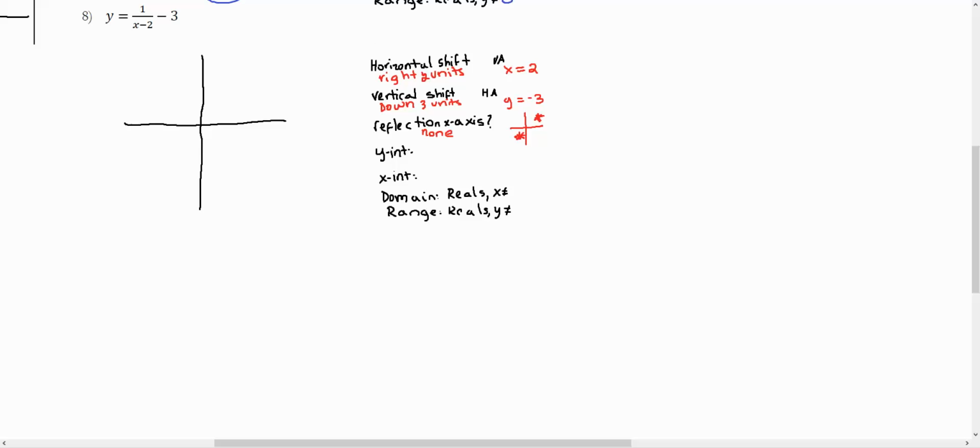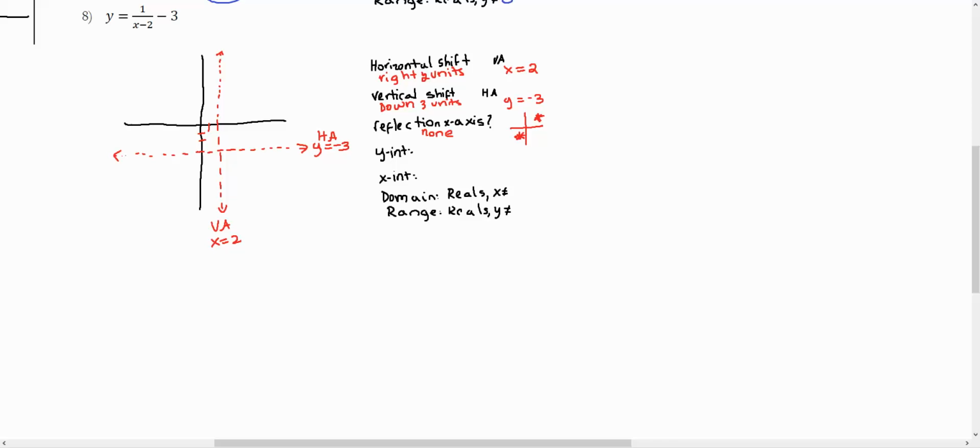Getting better with the lines. All right, vertical asymptote, x equals 2. 1, 2. VA, x equals 2. Horizontal asymptote, negative 3. 1, 2, 3. Y equals negative 3, HA.